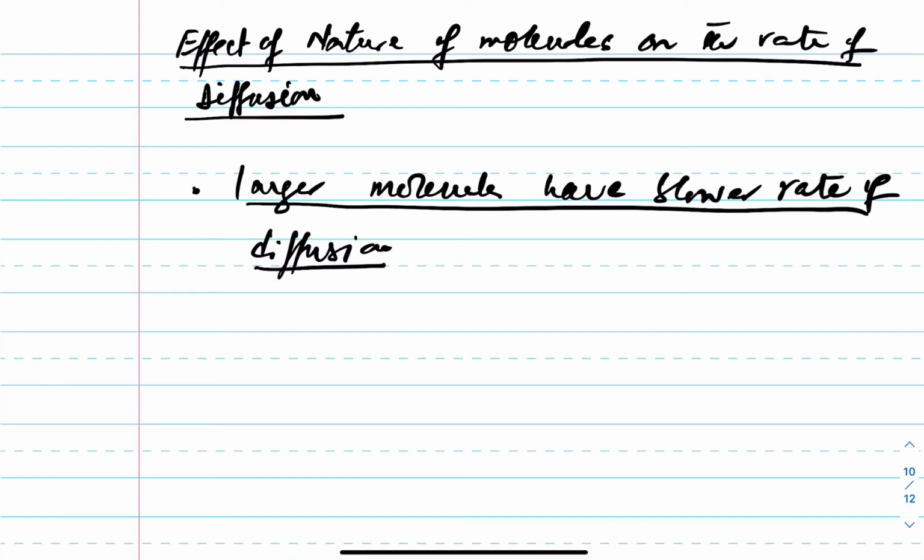The reason is that larger molecules need more energy to increase their random motion. So they need higher kinetic energy. So that would slow down their movements and reduce the rate of diffusion.